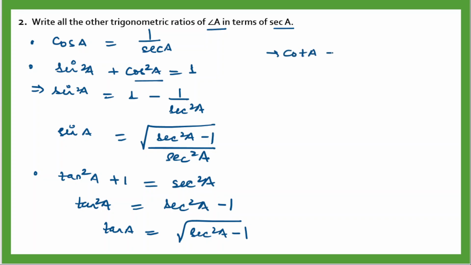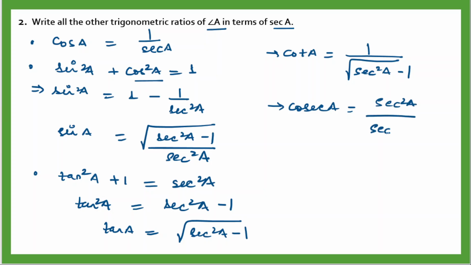We know cot A is the inverse of tan A, so you can write it as 1 upon under root of sec square A minus 1. Now what is your cosec A? Cosec is the reciprocal of sine. So you can write it as sec A divided by under root of sec square A minus 1. So in this way we have written all the trigonometric ratios in terms of sec A. 1, 2, 3, 4, 5, we have 5 trigonometric ratios.